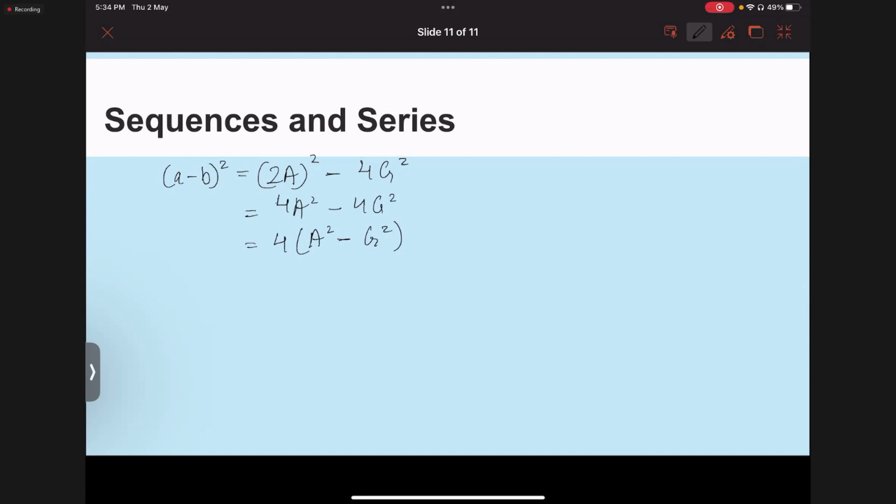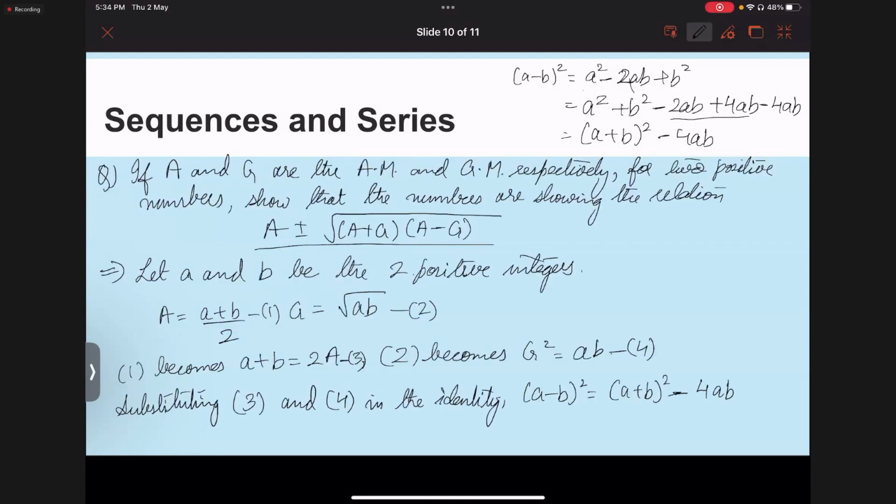Now you can simplify a squared minus g squared as 4(a + g)(a − g). So this is how we have (a − b) the whole square. Now what we are asked is to get this relation.